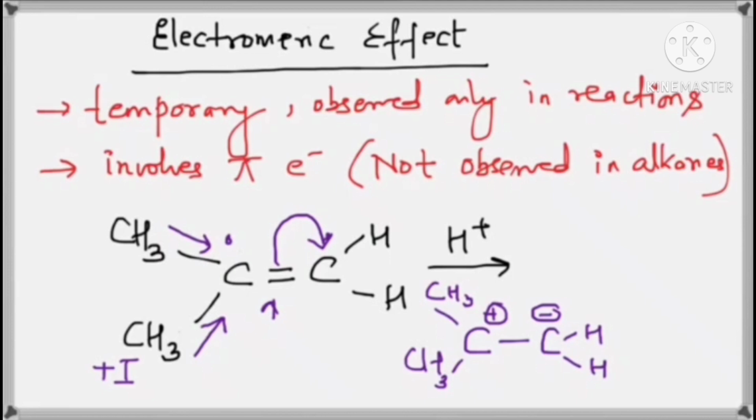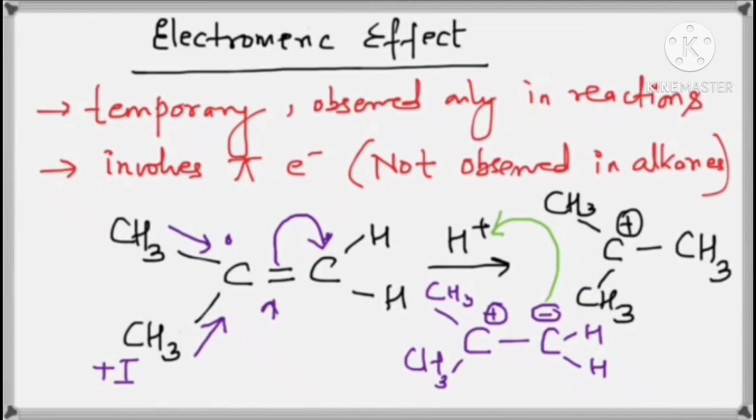Now these electrons want the positive charge, so the carbon with the negative charge will attack this hydrogen, and they will form a bond. So we end up with a structure that is C plus with CH3, and then another CH3 here, because this carbon already had two hydrogens and one more hydrogen was attached to it. So this is what is formed in this reaction.